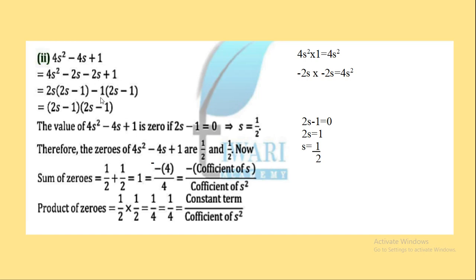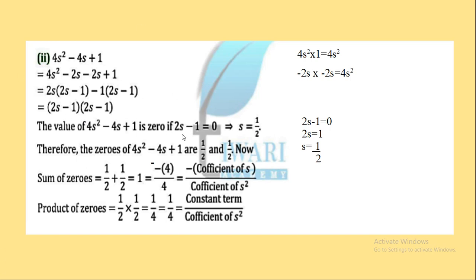When taking minus 1 outside, we will get 2s minus 1 here. And now this 2s minus 1 is the common factor. We can take this 2s minus 1 outside. We will get the remaining 2s minus 1. So we get this polynomial as the product of its factors 2s minus 1 and 2s minus 1.